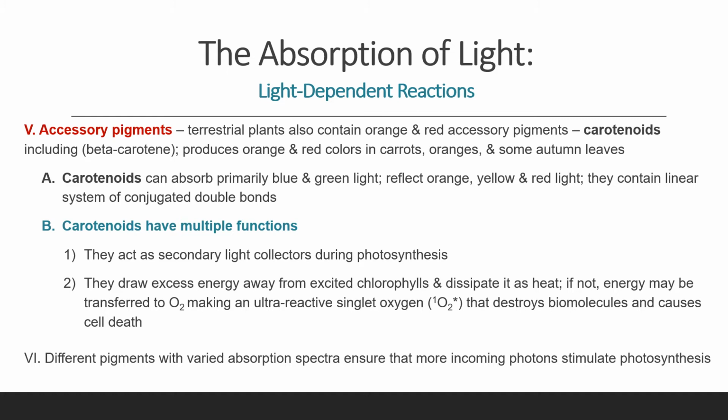If not, energy may be transferred to oxygen, making an ultra-reactive singlet oxygen that destroys biomolecules and causes cell death. Because the light falling on a leaf is composed of a variety of wavelengths, the presence of pigments with varying absorption properties ensures that a greater percentage of incoming photons will stimulate photosynthesis.